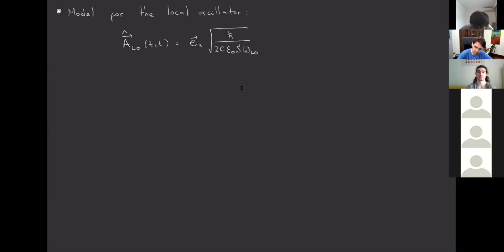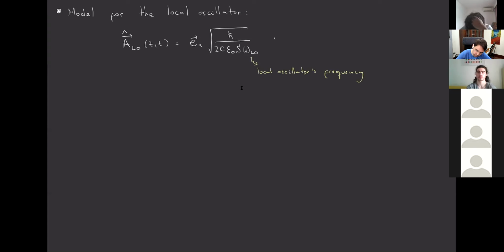Some frequency, okay? So this omega LO will be what we call the local oscillator's frequency. For example, if our coherent source is just a driven cavity, then this would be the frequency of the driving, okay? And for a resonant driving, it will just be the frequency of the cavity.